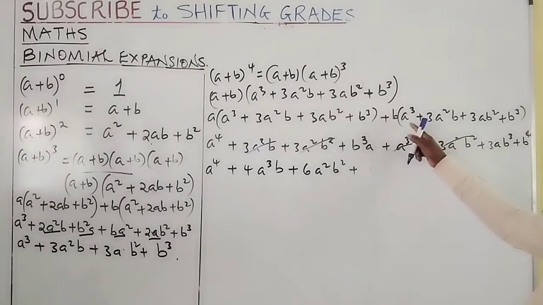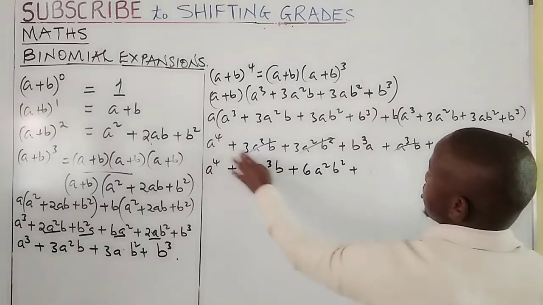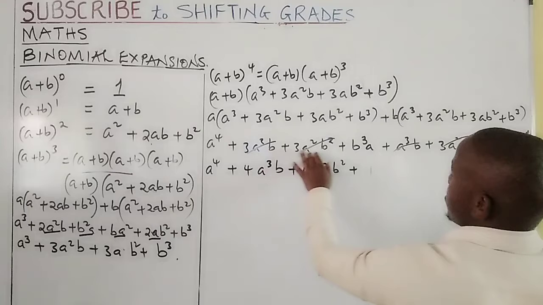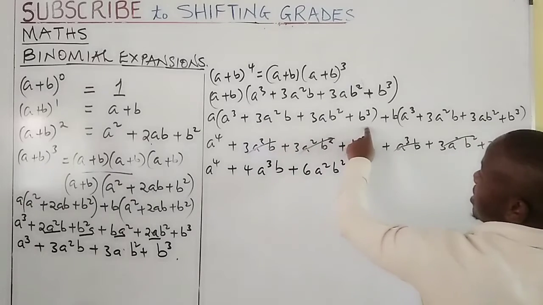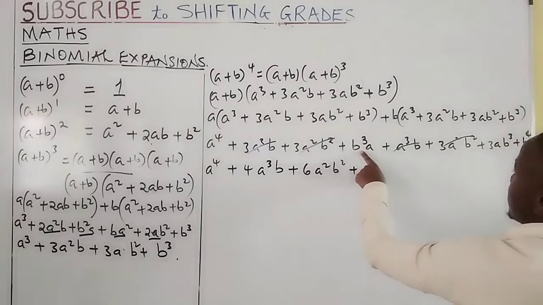These terms are 1, 2, 3, 4, and here we had 1, 2. This is b cubed a.